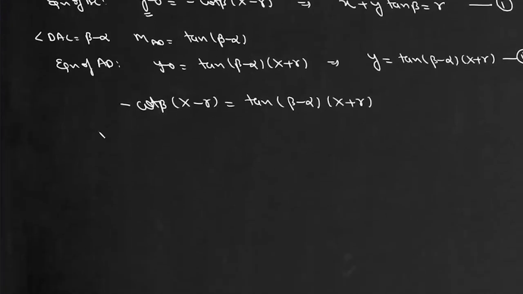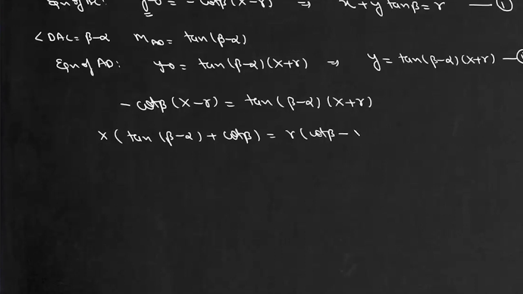So we'll get x as tan beta minus alpha plus cot beta, and will be this R cot beta minus tan beta minus alpha.